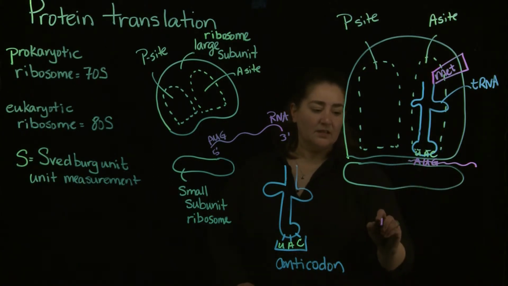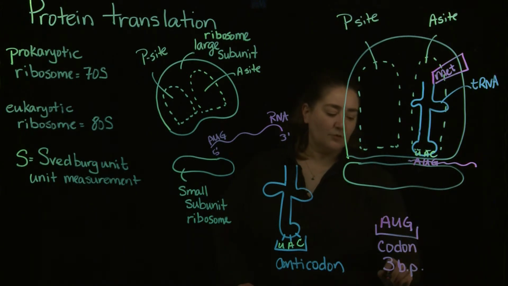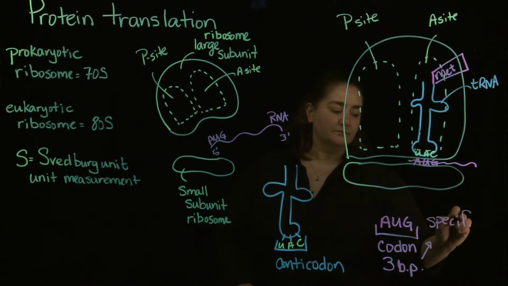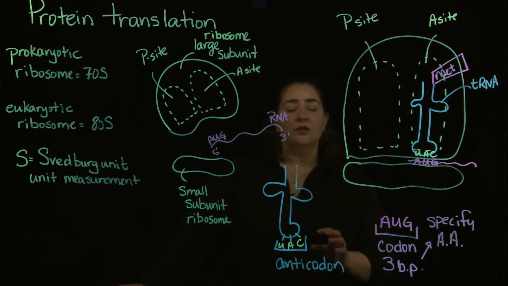All right? So in this case, our AUG, this is going to be our codon. Essentially, it's 3 base pairs that will specify what amino acid is going to be inserted. All right? I want you to understand how to use the table.